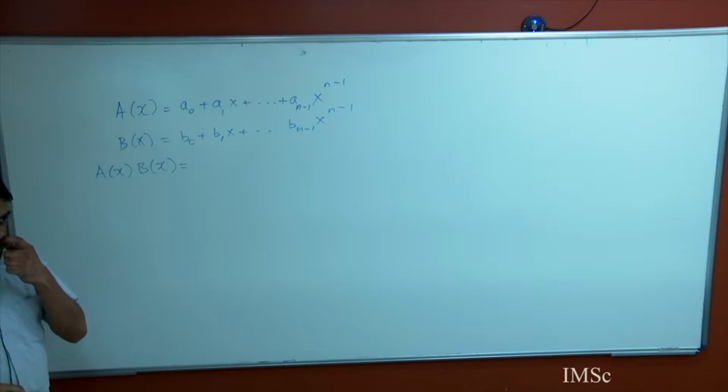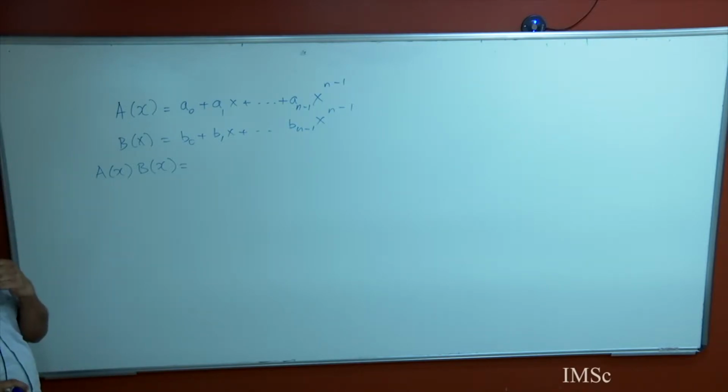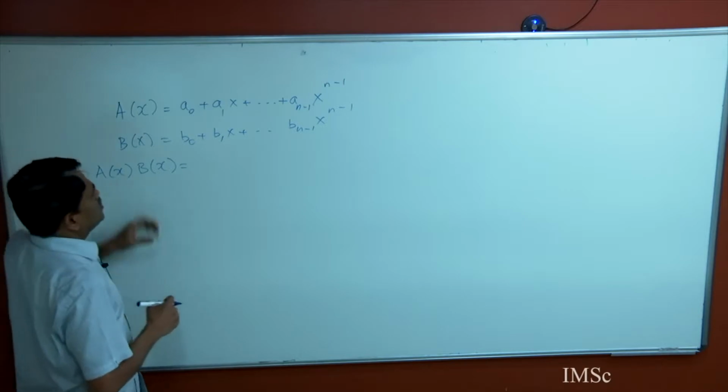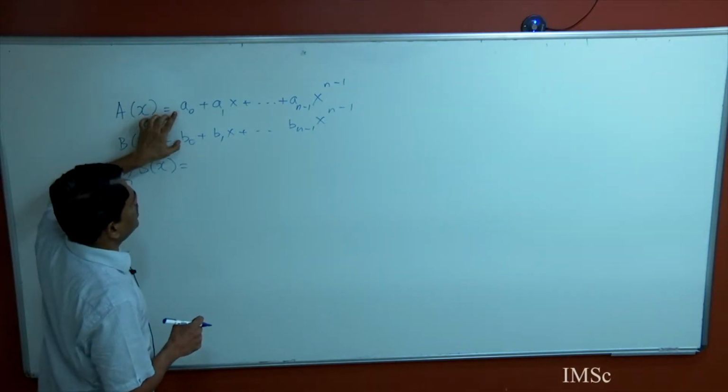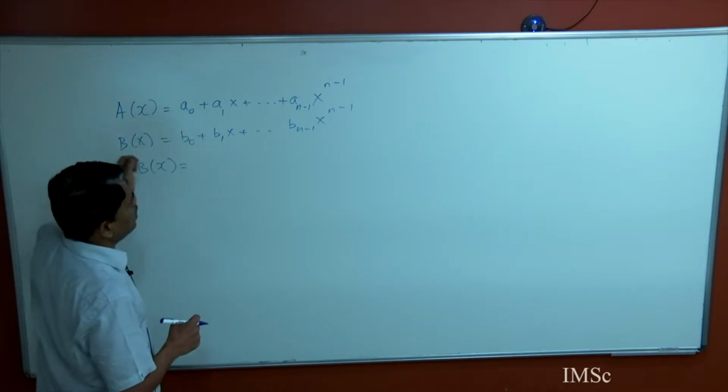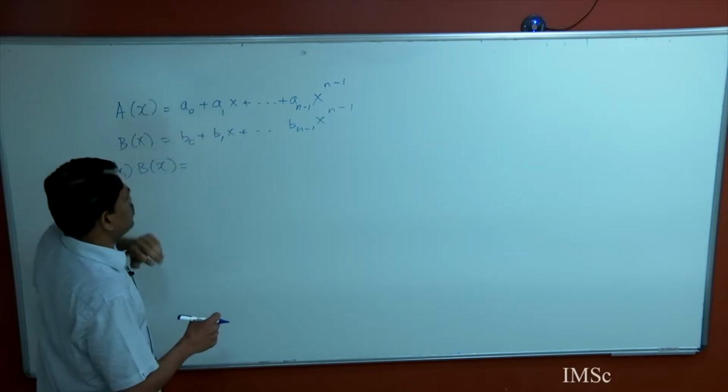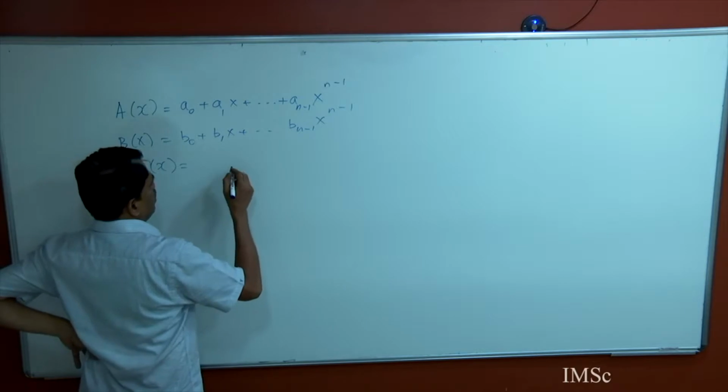Okay. So, you know how to multiply this, right? You have learned it in school. So, it is A0 B0, plus for the x term it will be A0 B1 plus B0 A1, for x square and so on and so forth.